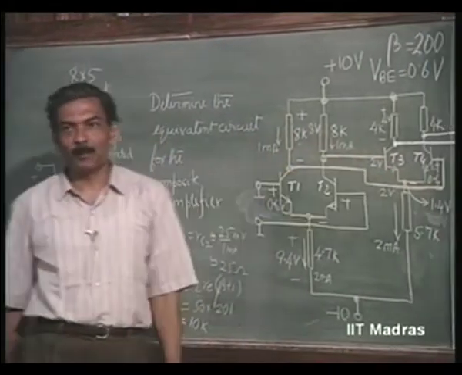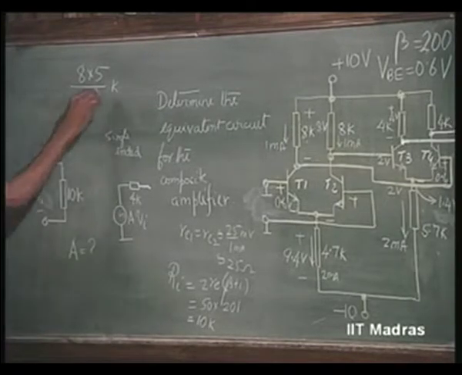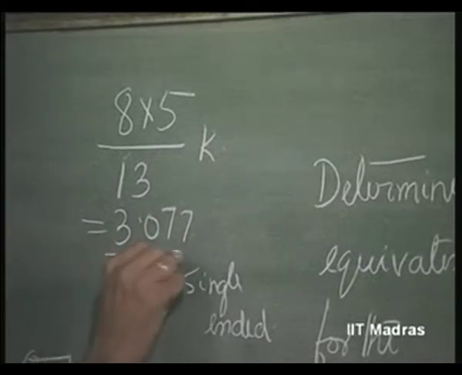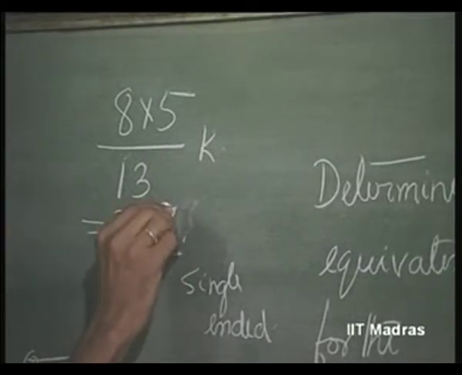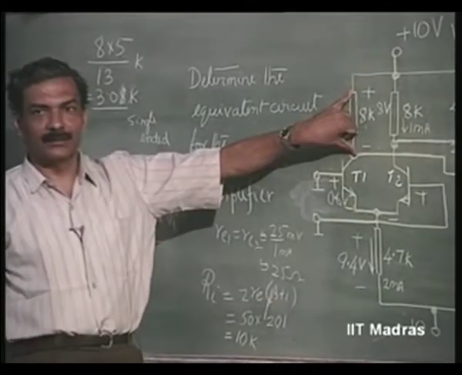How much is it? 3.077. So, we will put it as 3.08. So, that is the effective resistance at the collector.